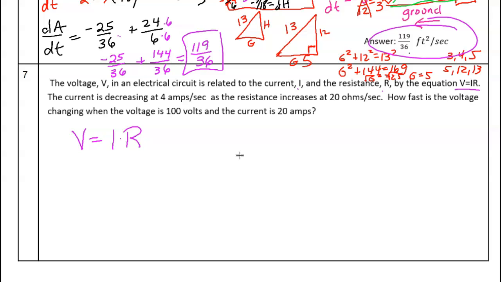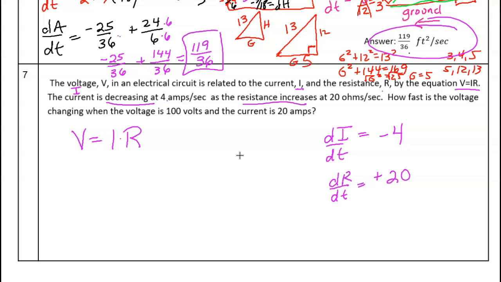The current, which is I, is decreasing. So that means it's dI at 4. Because it's decreasing, you need to put the negative. As the resistance, which is R, increases at 20 ohms.